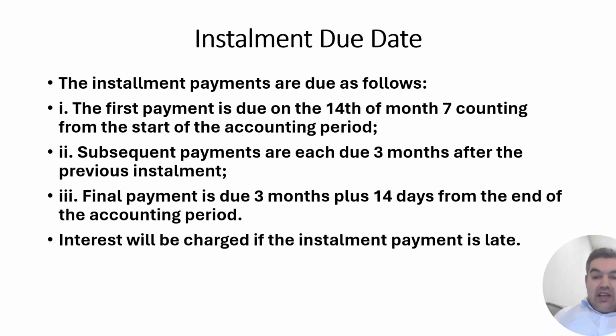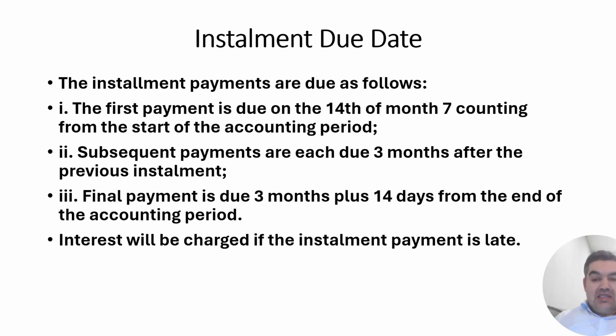Installment due dates. Very important to remember is that the first payment is due on 14th of month 7, counting from the start of the accounting period. For example, if your accounting period began on 1st of January 2024 and will end on 31st of December 2024, you are required to make the first installment on 14th of July 2024.